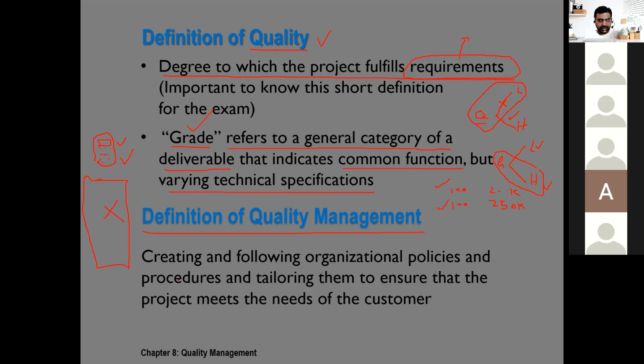In fact, the quality management system for different industries and different organizations are different because their work is different. But one thing is common in quality management: basically we are talking about the policies and the procedures and how to tailor and use them so that the projects the organization is doing, or the operations the organization is doing on a day-to-day basis, meet the needs of the customers or the stakeholders.